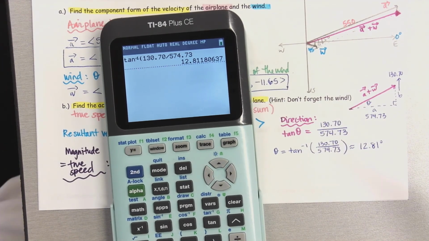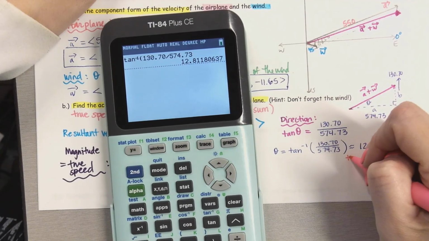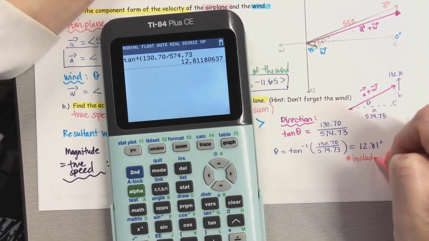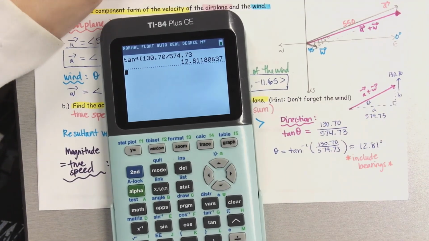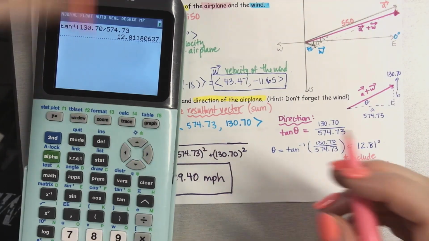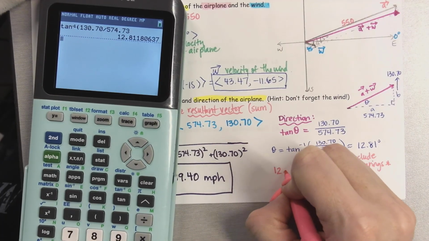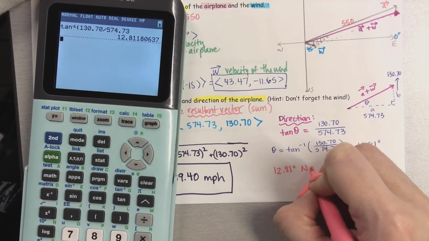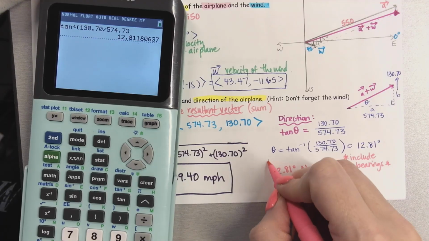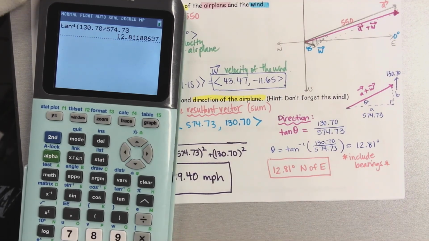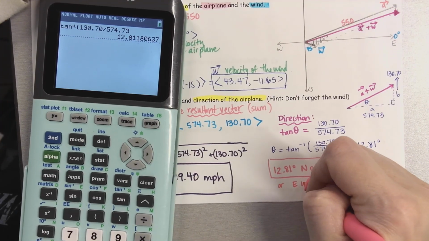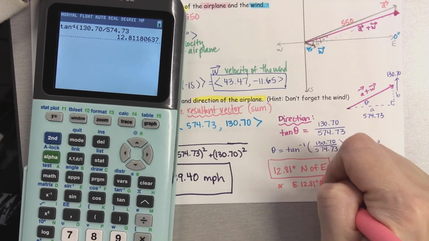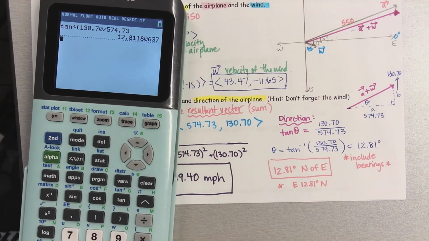Whenever they ask you to find the direction, you must include your bearings. So that's your north, south, east, west. There's a few different ways that we can write this. We can write 12.81 degrees north of east, or you can write east 12.81 degrees north.